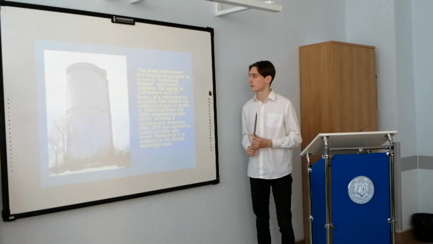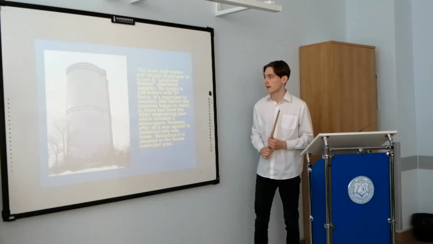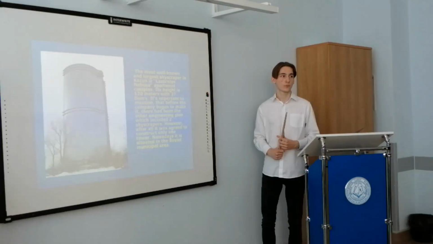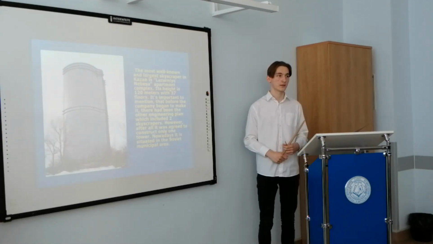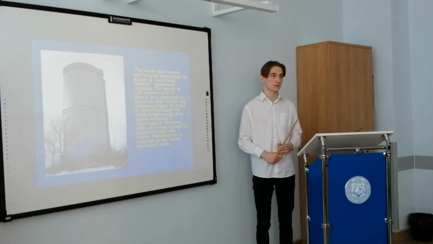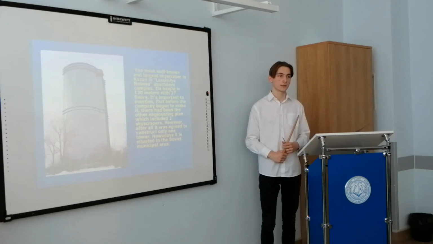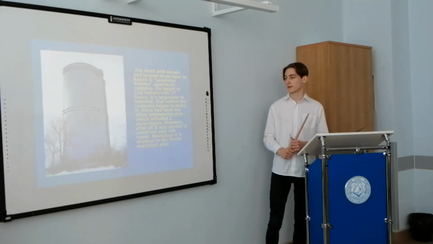The most well-known and largest skyscraper in Kazan is Lazurny Nebesa apartment complex. Its height is 120 meters with 37 floors. It's important to mention that when the company began to make it, there had been another engineering plan, which included 2 skyscrapers. However, after all, it was agreed to build only one tower. Nowadays, it is situated in the Sabit municipal area.